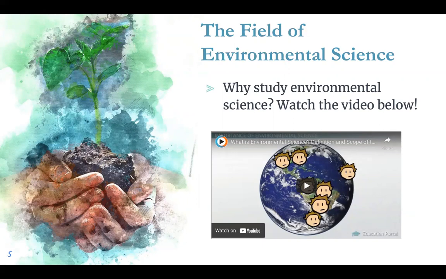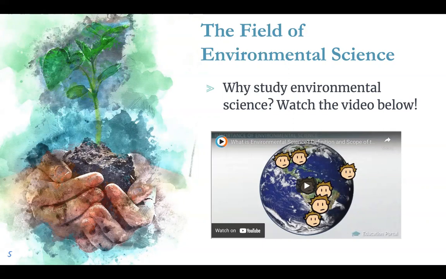Now, another reason to study environmental science is linked to the first reason, right? Human population is growing. Well, environmental science increases or improves our understanding of how everything functions in the world around us. And as I said before, this includes the interactions between humans and other organisms.